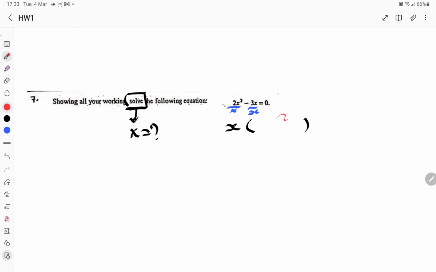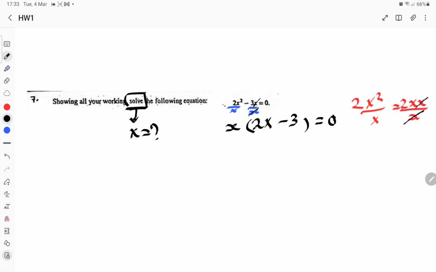What happens? X squared divided by x. This is the same like 2 times x over x. X squared is x times x. And then cross out x and x. So what do you still have? 2x. Minus 3x over x, cross out.